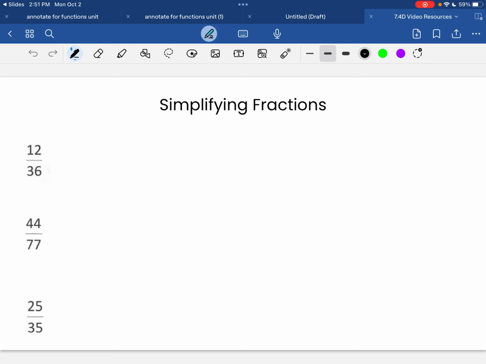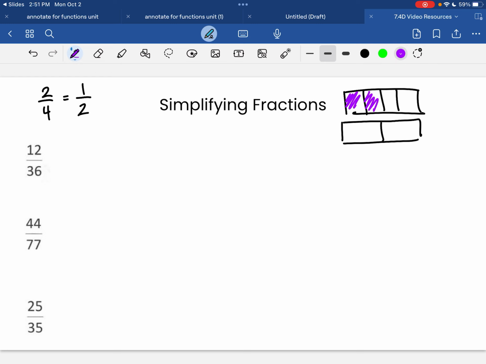So for example, 2 out of 4 is equivalent or the same as 1 out of 2. If I drew a strip diagram, I could show that I have 2/4, which is the same as saying I have 1/2.